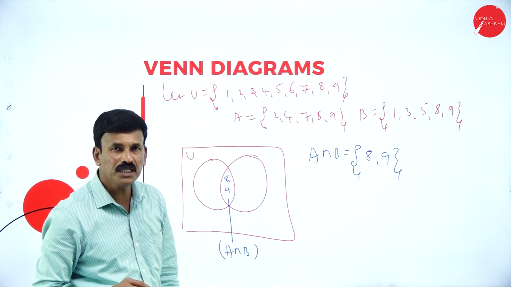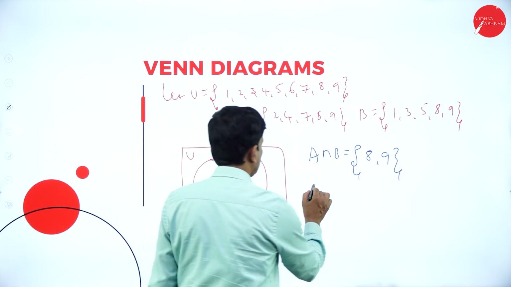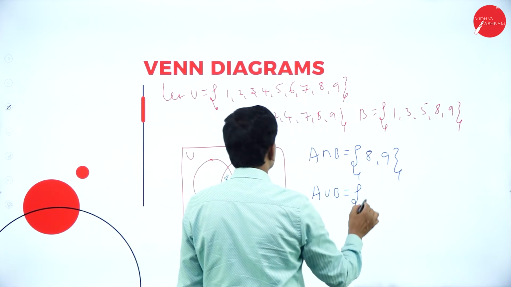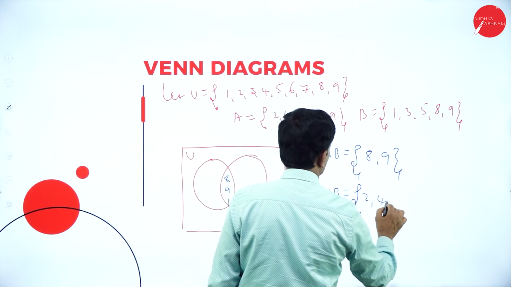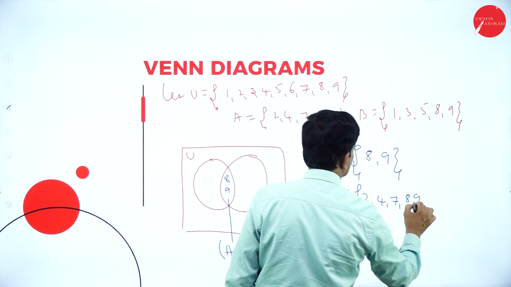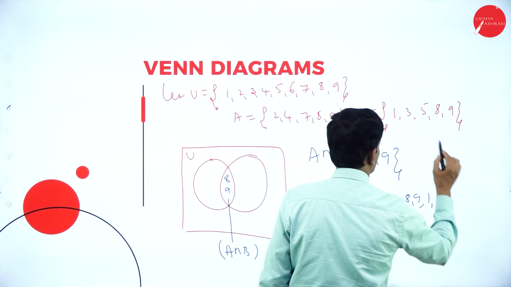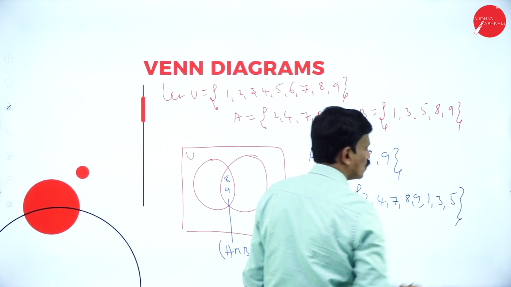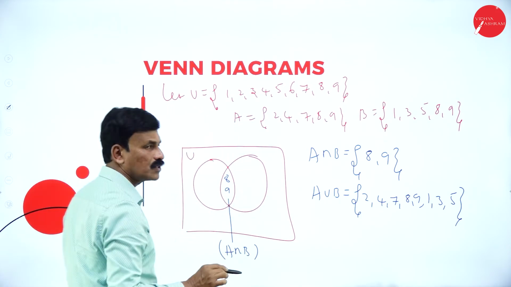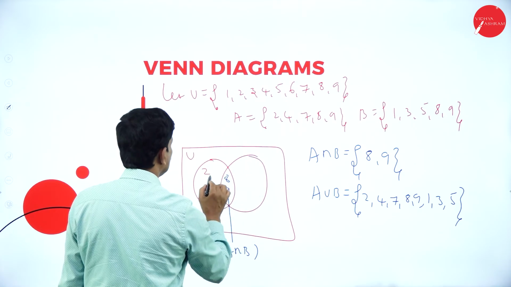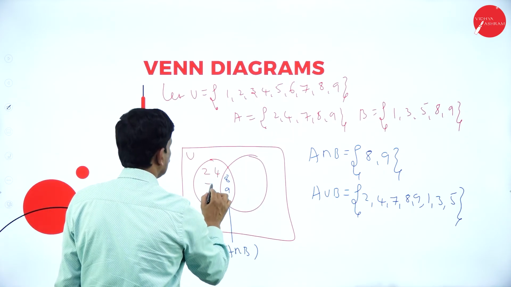Now A union B. What is A union B? A union B, elements which are in A or B. Let us write 2, 4, 7, 8, 9, then 1, 3, 5. So what does A contain? A contains 2, then 4, 7, 8, 9.